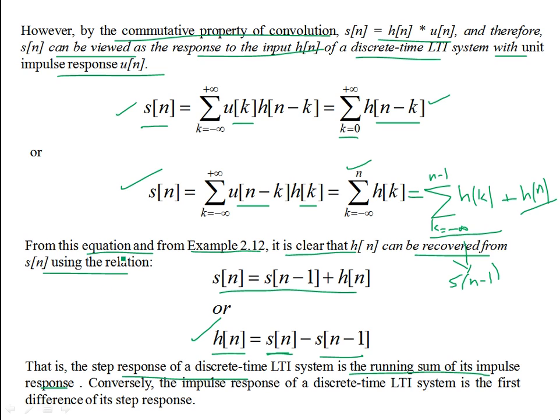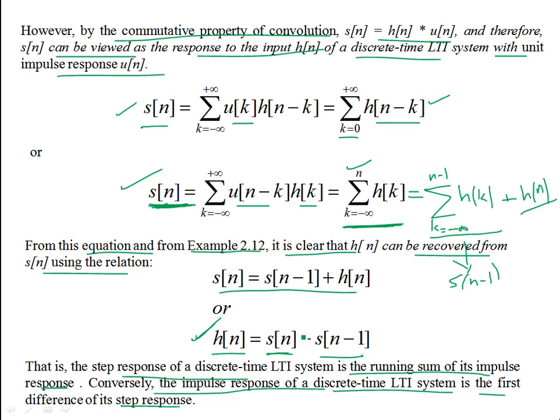How is it the running sum? Just see this equation: s[n] is summing up all the samples of the impulse response. Conversely, the impulse response of the discrete time LTI system is the first difference of the step response. So they have a one-to-one relationship.